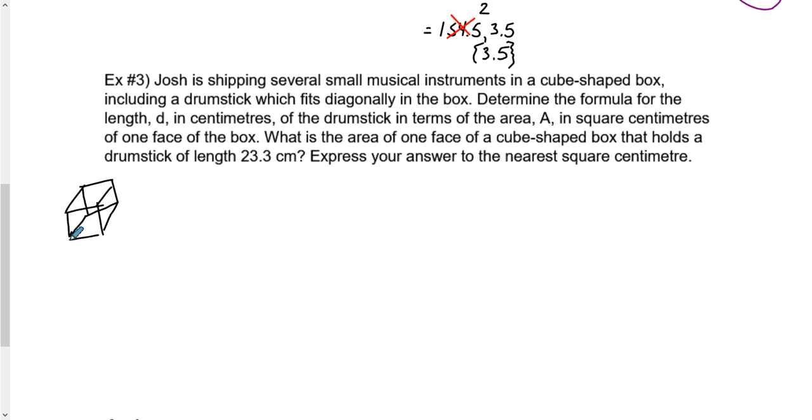It fits diagonally in this box. It is a cube. Sorry, make sure we clearly identify this. This is a cube, and our drumstick would fit completely diagonally in here. So this is a little bit more difficult. We're going to have to do a little bit of calculation to it.